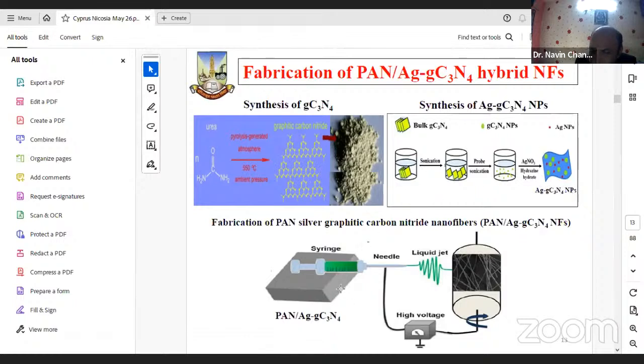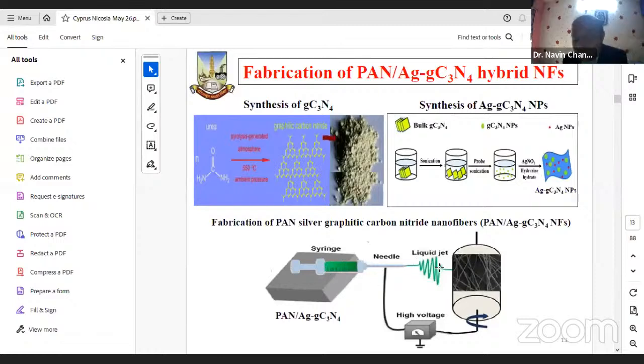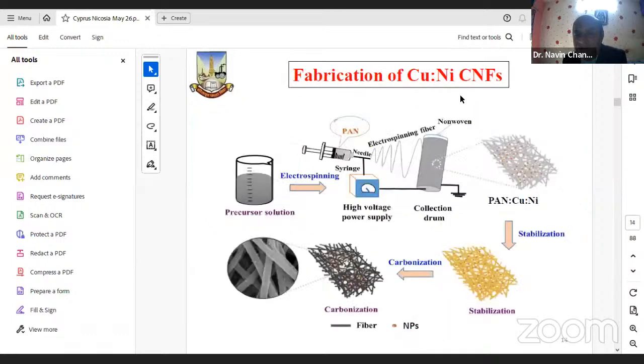Then we transfer the solution to PAN, a 10% solution of polyacrylonitrile, and the entire solution is transferred for the electrospinning technique, and we get PAN AGG C3N4 hybrid nanofibers.